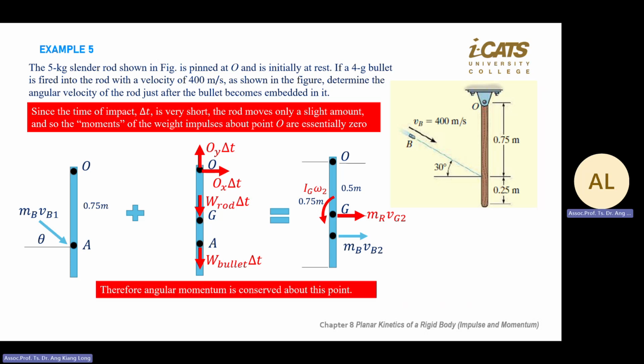So since the time of impact is very short, this delta t is very, very short, the moment of the weight impulse about O will be considered 0. Of course, the distance also is 0, because it does not move. So angular momentum, this whole thing is considered conserved because everything here is 0.